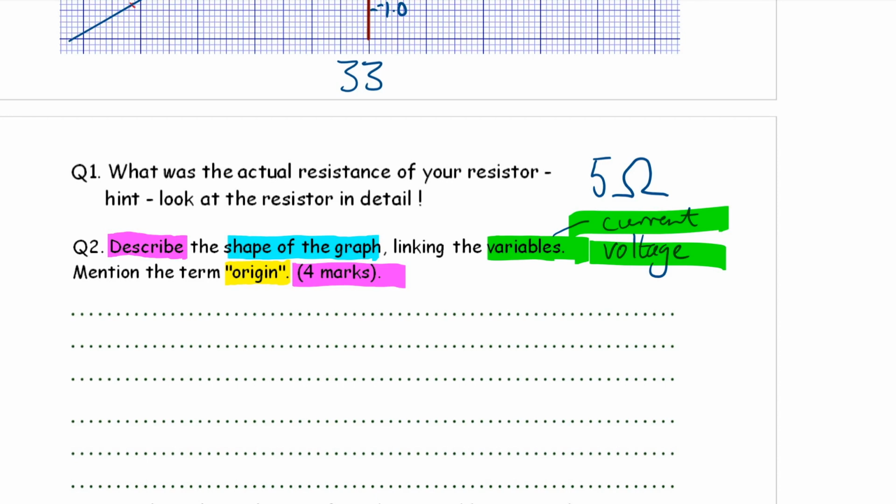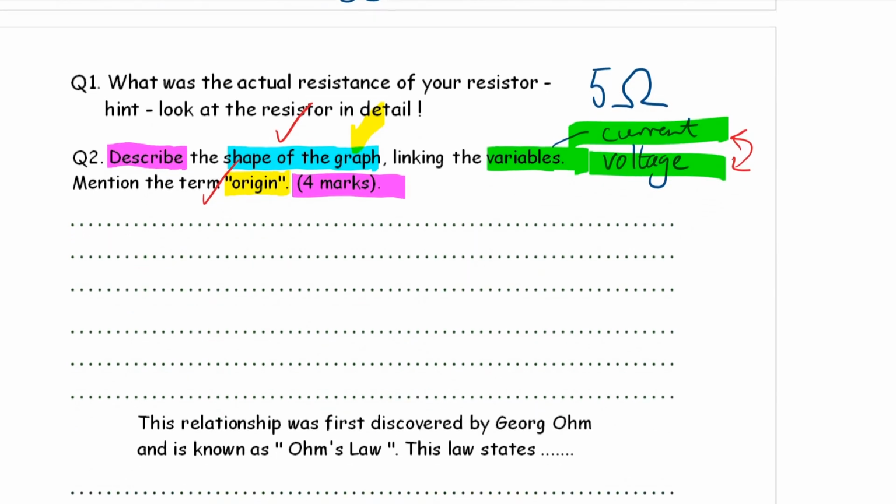The graph shows that as you increase the voltage, so does the current increase. And then you would have hit all 4 of those marks: the shape of the graph, the origin, and you've described the link, or relationship is a far better word, between voltage and current.